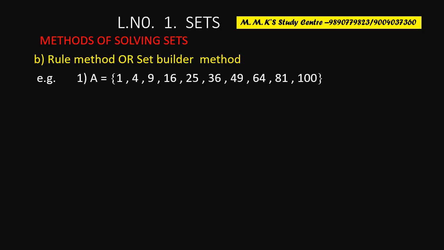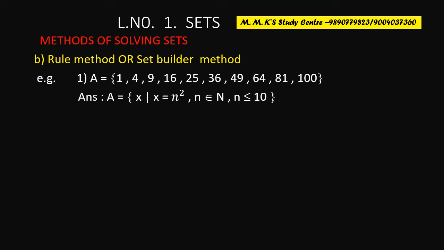Example 1. A is a set of 1, 4, 9, 16, 25, 36, 49, 64, 81 and 100. If you observe carefully, these numbers are squares. 1 is the square of 1, 4 is the square of 2, 81 is the square of 9 and 100 is the square of 10. So we will write the answer.